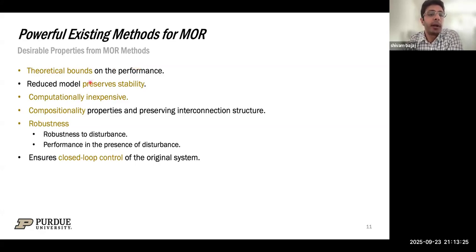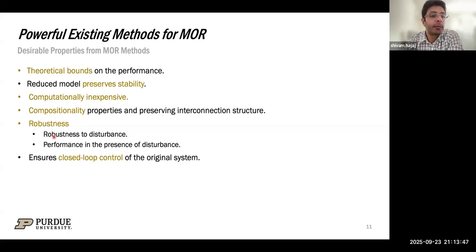We want our reduced order model to preserve stability. What this means is that if my original system or true system is known to be stable, then I want my reduced model to be stable as well. I want the framework to be computationally inexpensive. I want some compositionality properties to hold, and I want the reduced model to be robust.